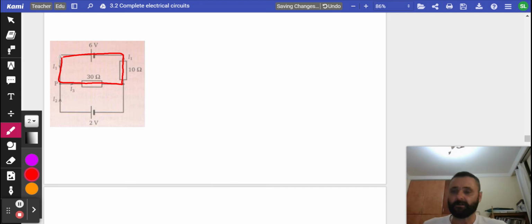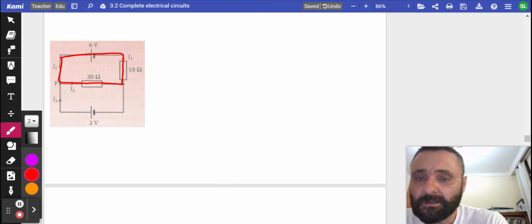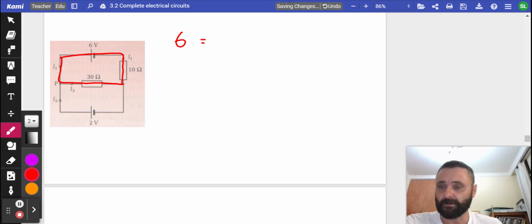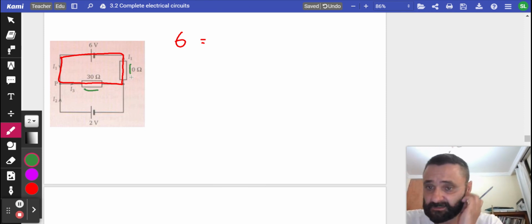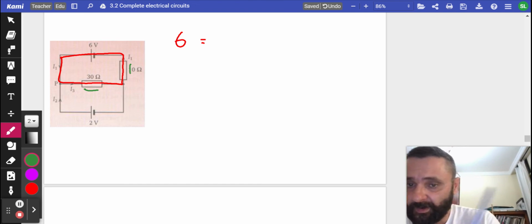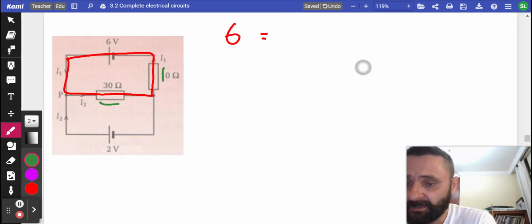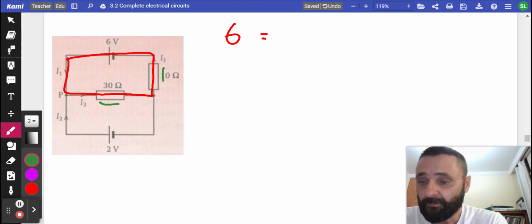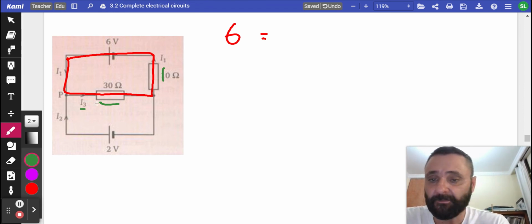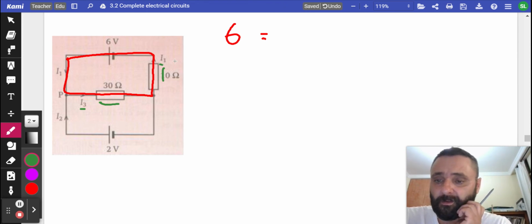This one here. Right, EMF gain, we've got 6 volts from the battery. Now plus the potential difference drop across that and the potential difference drop across that. Now be careful here. We need to pay attention to what current is flowing through each resistor. They're actually different, aren't they? We've got I3 through the 30 ohm and we've got I1 through the 10 ohm.